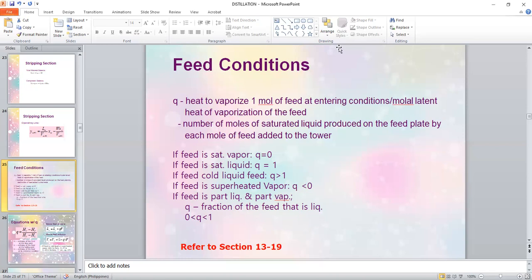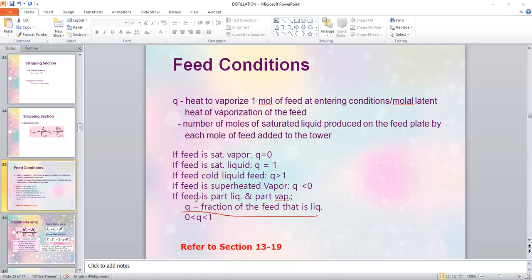This is very important. I like to emphasize this one. This is nowhere specified in any of the definitions, but in the sample problems that you will encounter, especially in Gianco please, if the feed is a mixture of liquid and vapor, that percentage of the feed that is liquid, that is the value of the Q. For example, your feed is 40% liquid, 60% vapor.